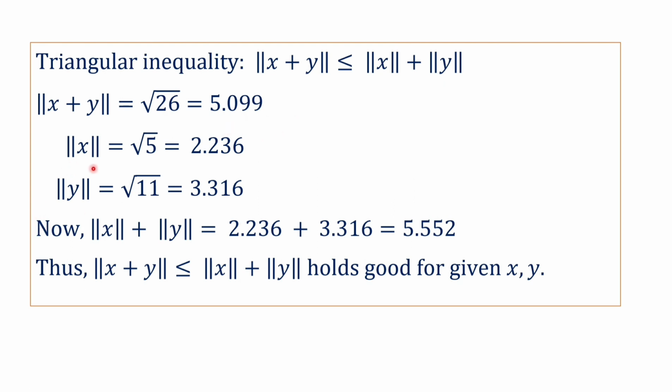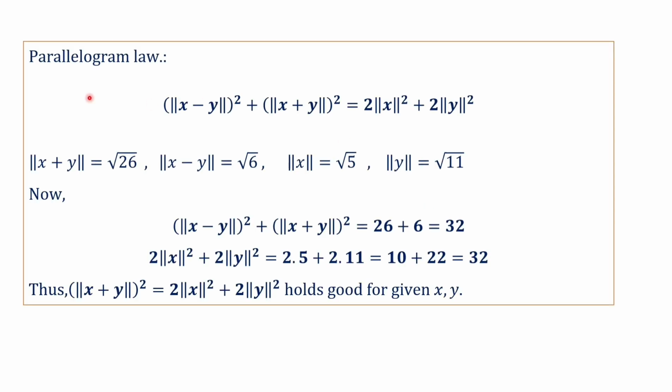If you add them, the norm of x plus the norm of y is 5.552, and clearly 5.099 is less than the norm of x plus the norm of y. So in this case also equality does not hold, only the less than.